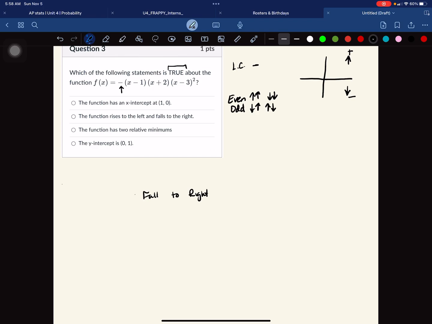Okay? So the easiest way, in my opinion, to figure out whether something's even or odd is simply to count some x's. Beware of things that have a multiplicity, that have squares and cubes, because remember, if I square the quantity x minus 3, it really means that I have x minus 3 twice there, right?